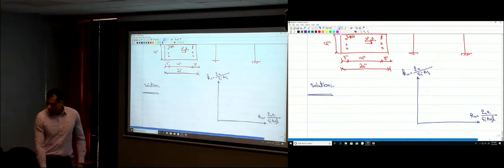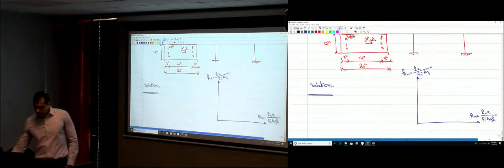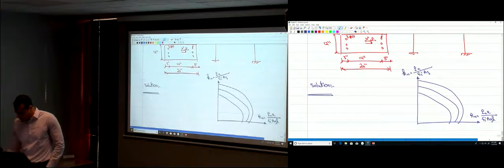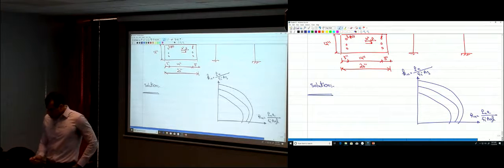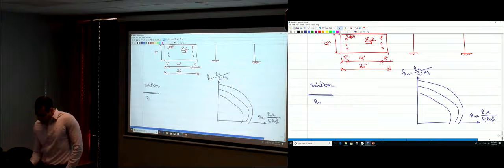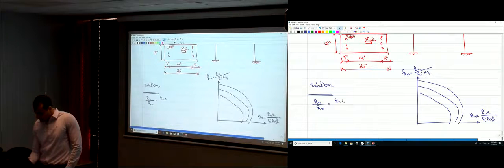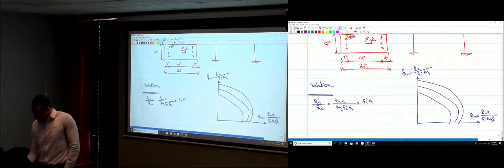Okay? So let's go ahead here. And here you have those interaction diagrams for different rho. Let's see here. If you divide Rn by Kn, what do you have? Rn is Pn e divided by area gross Fc prime h, divided by Kn, so that's the inverse, Fc prime area gross divided by Pn.